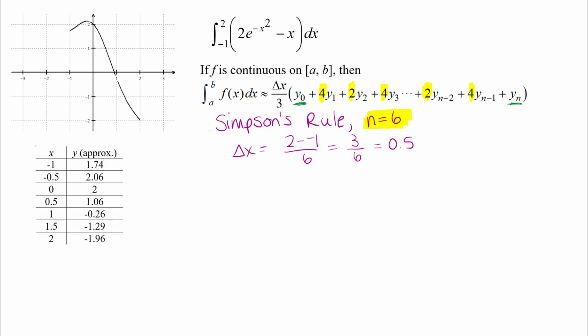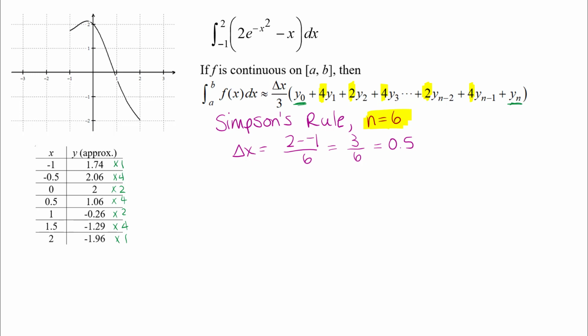Just like I did on the last video, I took my y values in my table here. I have my table set up with a partition of width 0.5, so all these x coordinate points are 0.5 units apart, and these are the same y values we need here. In the last table I just wrote multiplication by the appropriate number. We had all 2's and 1's for trapezoidal rule, but for Simpson's rule we've got some 4's here.